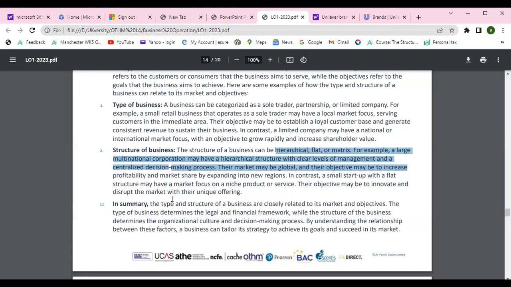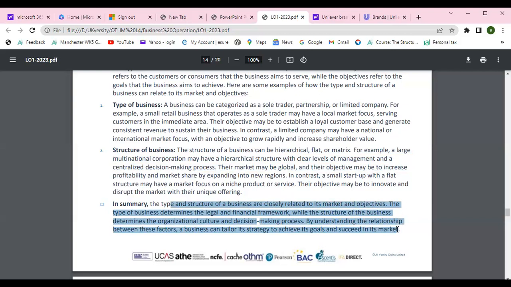In summary, the structure of the business is closely related to its market and objective. The type of business is a legal and financial framework. The structure of the business determines the organization culture. Culture means norms, values, who controls what. By understanding the relationship between these factors, a business can tailor its strategy to achieve its goals and succeed in the market.